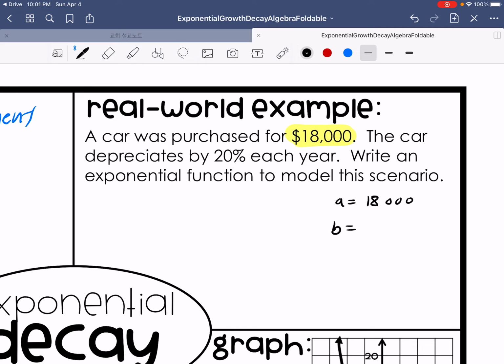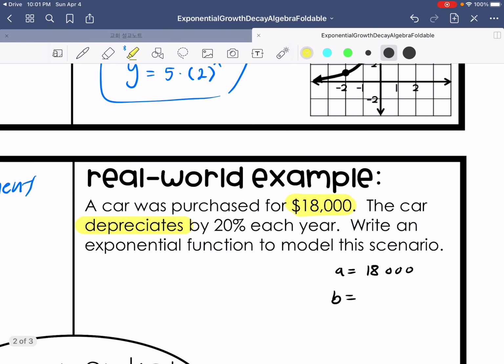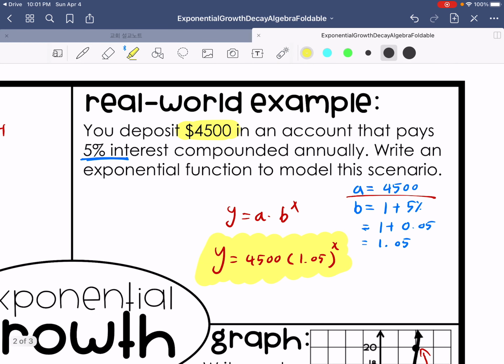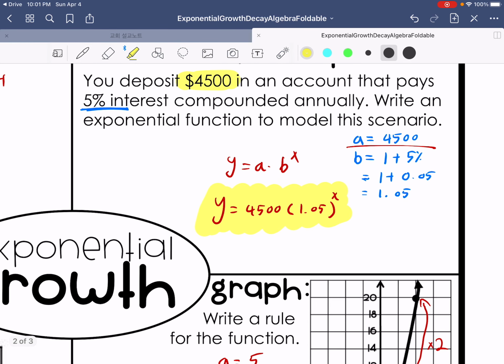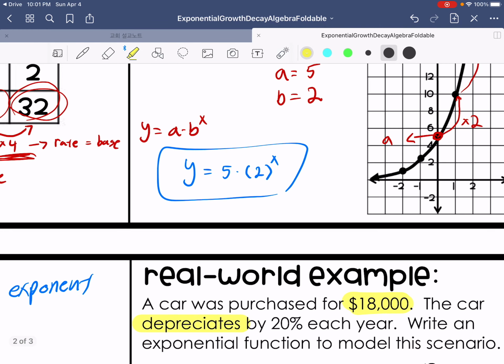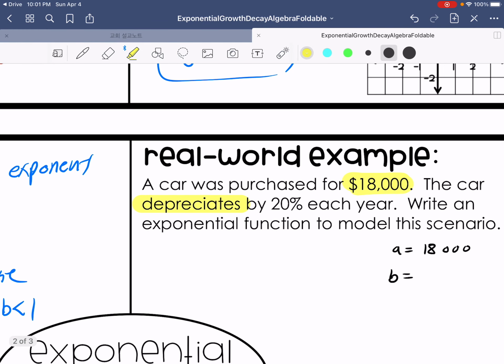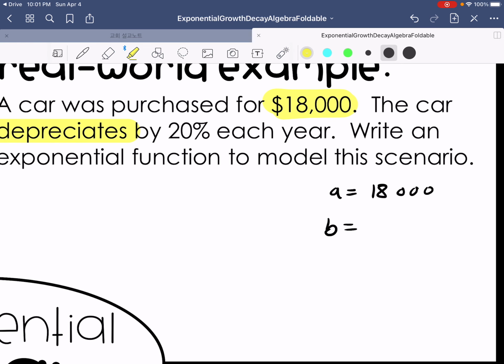Now for b, we have to look at the words carefully. It says depreciate. Compound annually means increase, but depreciate means decrease, by how many percent? 20%. So whenever you see a percentage, you have to change it into a decimal.